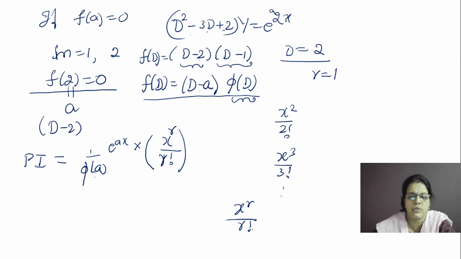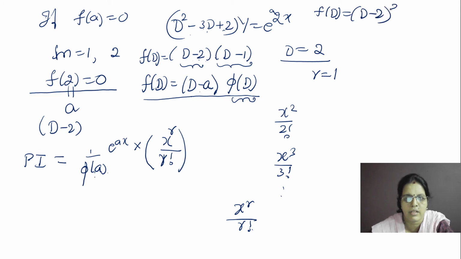Suppose d equal to 2 is a repeated root. For example, f of d can be written as d minus 2 whole square into d minus 1. Suppose it is a cubic equation like that. Then the roots are d equal to 2, 2, 1. So in such cases, 2 repeats 2 times, so we take r equal to 2.